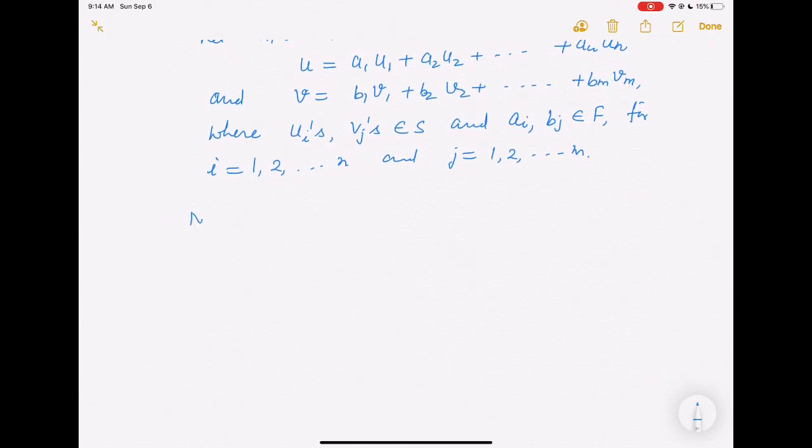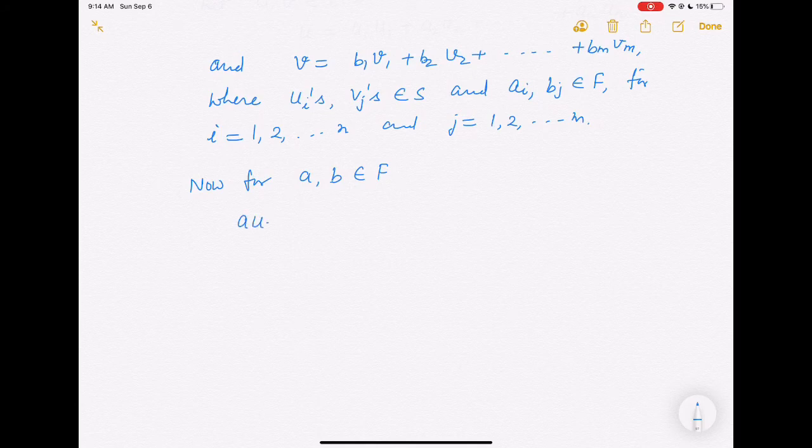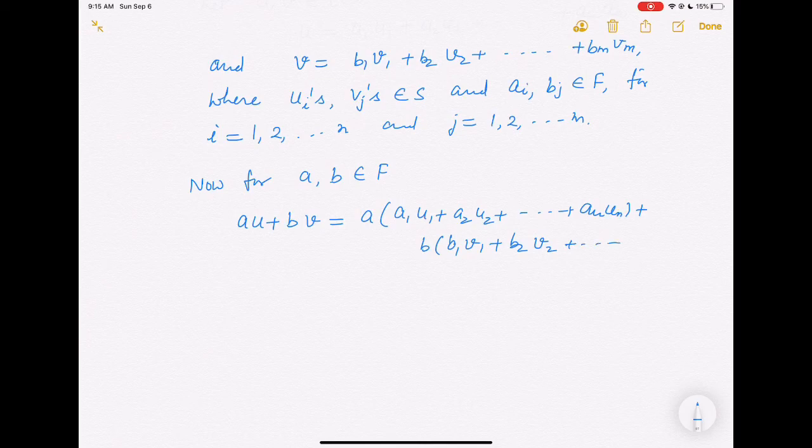Now for a and b belonging to F, what is the value of au plus bv? It is a times (a1 u1 plus a2 u2 plus ... plus an un) plus b times (b1 v1 plus b2 v2 plus ... plus bm vm).